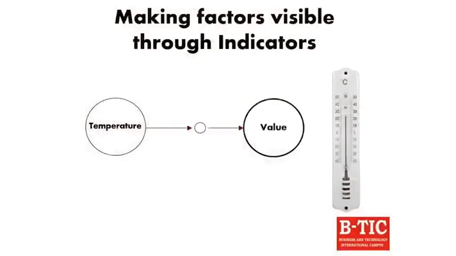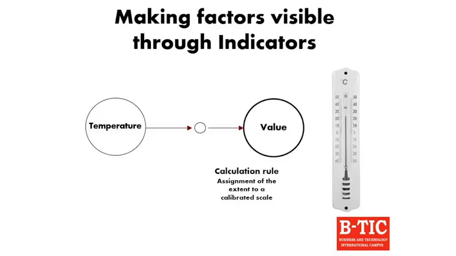Let's see how. We'll take an example this time, which we all know and we all use at home. Temperature. We'll take your body temperature. Body temperature is a variable. It is a dependent variable based on the fever you have. So when the fever goes up and down, your temperature goes up and down. Now we have to measure temperature. How do you measure temperature? There is no straightaway direct number reading for temperature.